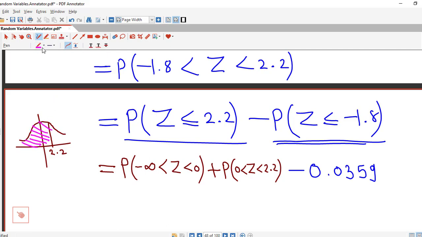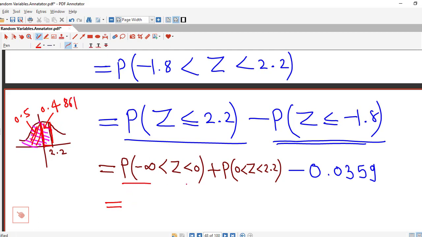Now the area up to 0 is nothing but 0.5, and the area between 0 and 2.2 is given as 0.4861.